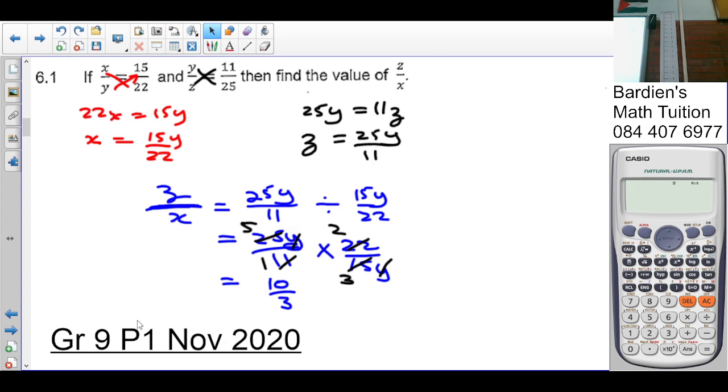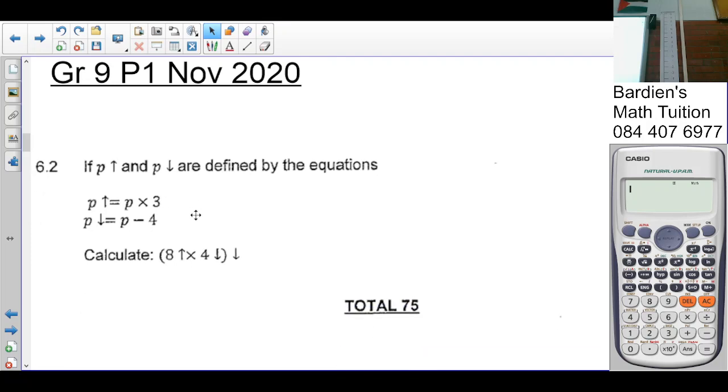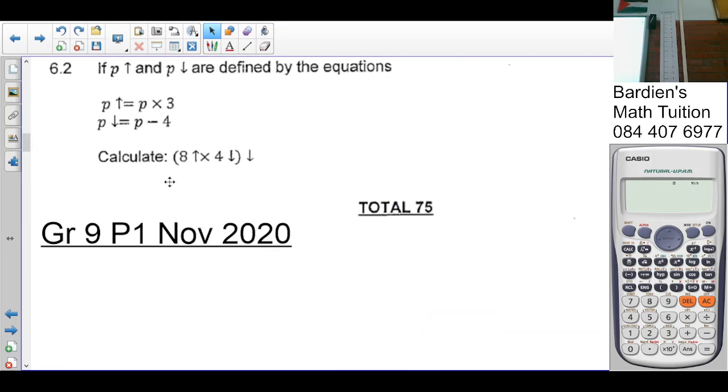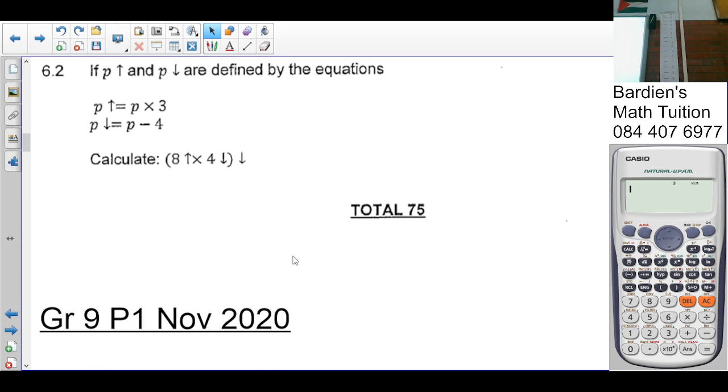Okay. Let's look at the next question. 6.1.2. We are told that if P up and P down are defined by the equations, P up is equal to P times 3, whilst P down is equal to P minus 1. The question says calculate 8 up times 4 down, then that answer down.